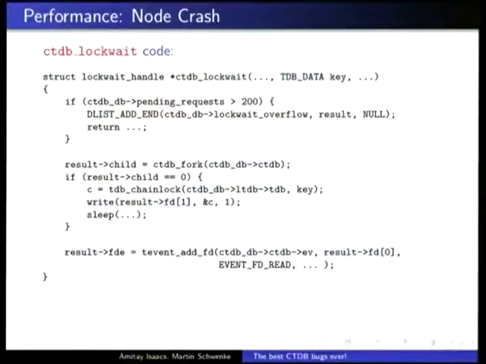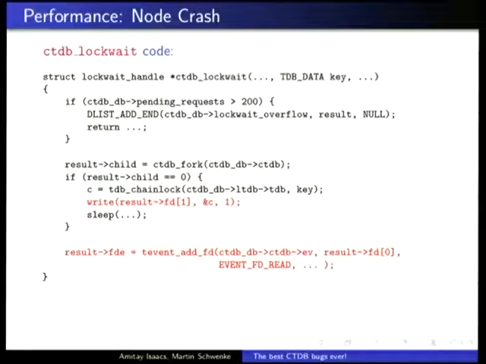So let's look at the code which actually does this. It's the CTDB lock wait. As you see, there is a wrapper for fork, so we fork a child. Then in the child process, we actually block on a TDB chain lock call, which is basically locking that record.